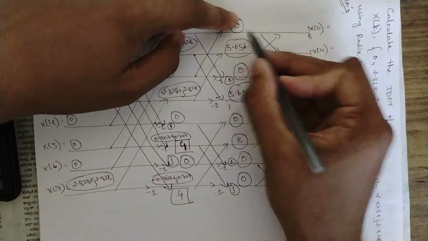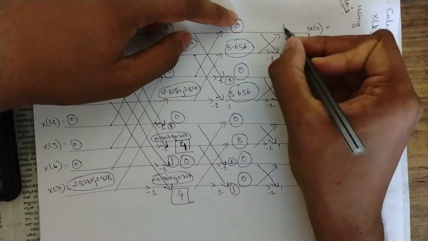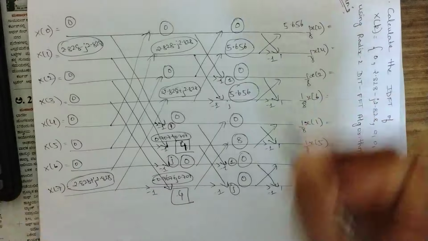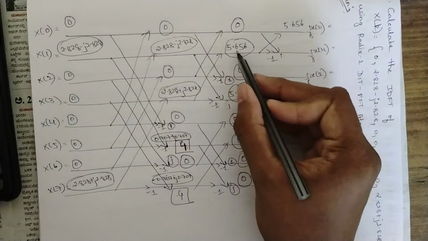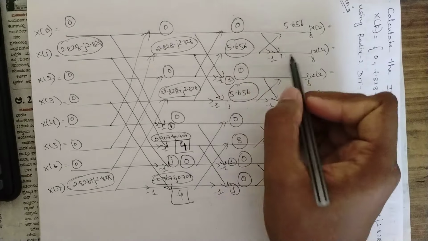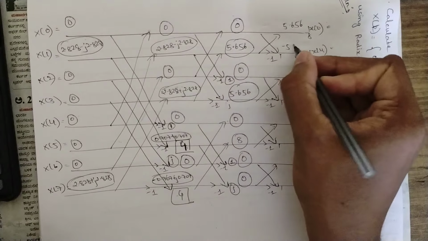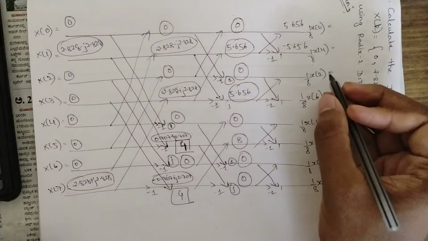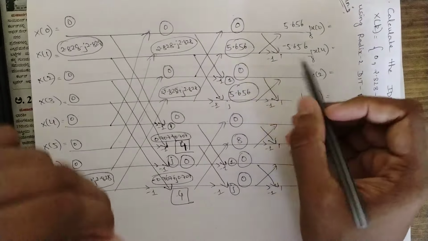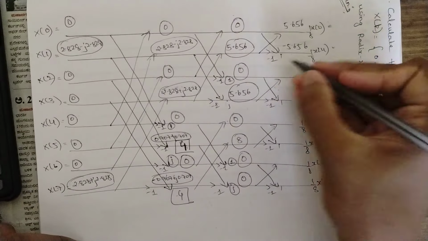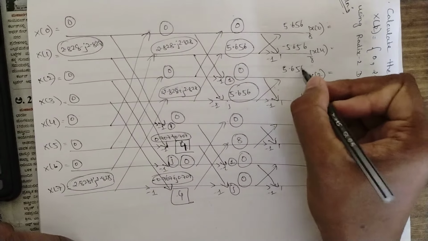That is, we have 1, 0 and 5.656. Okay, it is 5.656 only. Then 5.656 into minus 1 plus 0 is minus 5.656. Then 0 and plus 5.656, so it is 5.656 again.